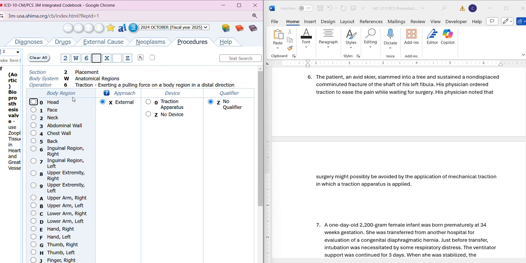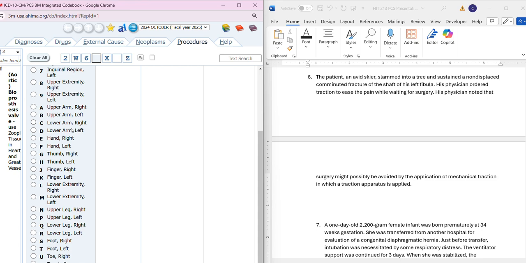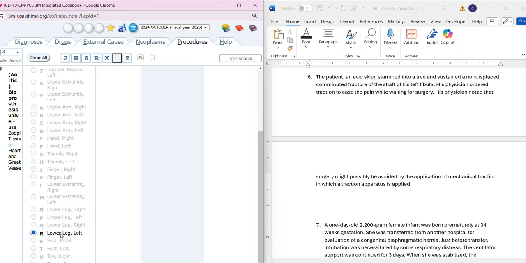And for our body region, we are going to scroll down until we find the upper, or I'm sorry, the lower leg, because the fibula is the lower part of your leg, and it was his left leg, so that's going to be R, lower leg left.